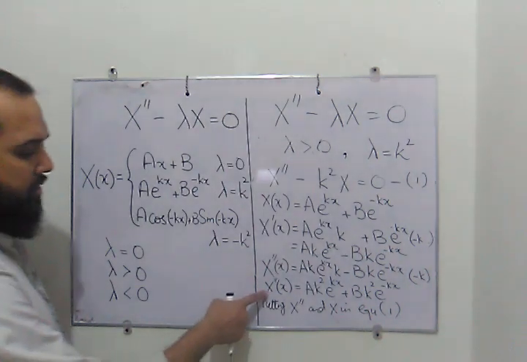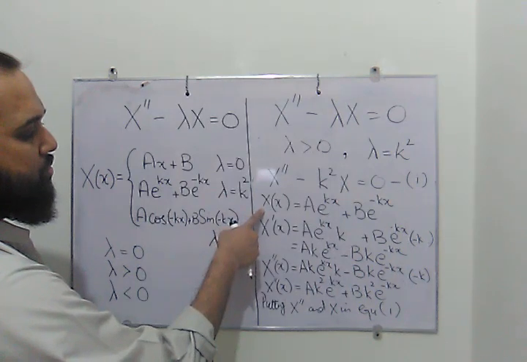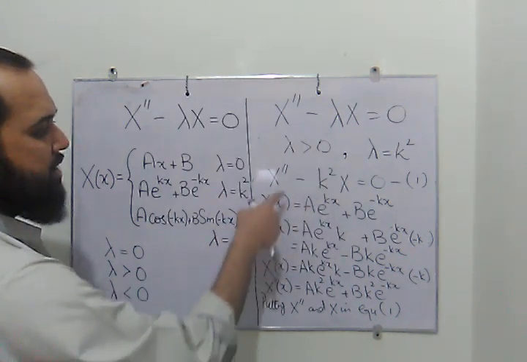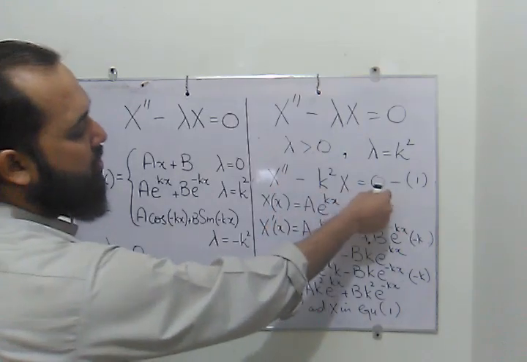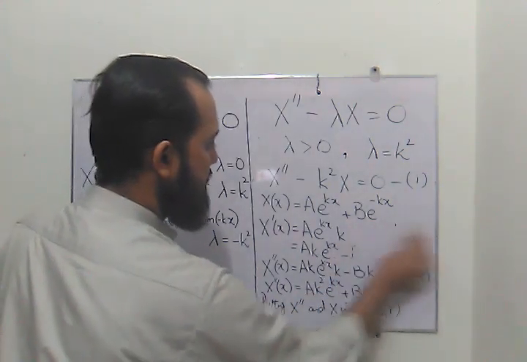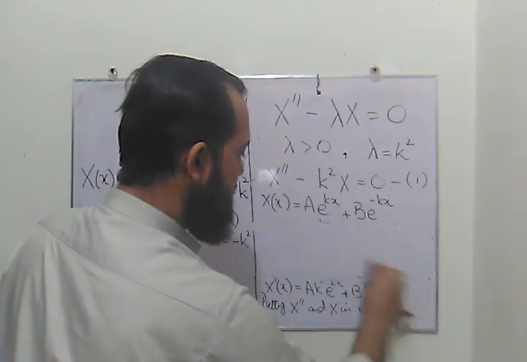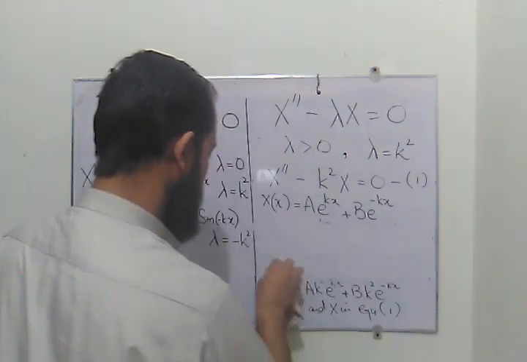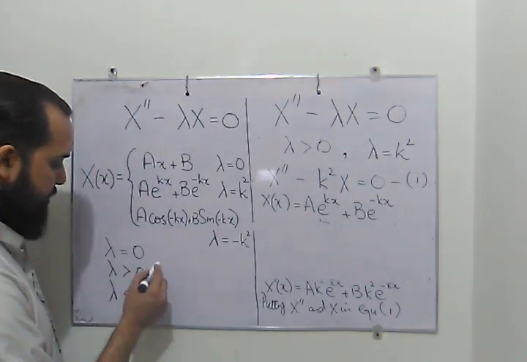So we take the value of the double derivative which we have found. x is the solution, so we put this value here, and this side should be equal to 0, because on the other side we have 0. So I write these two solutions here.